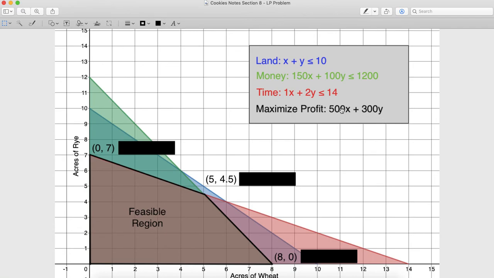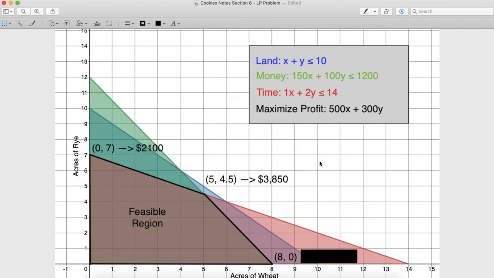So if I put in the point (0, 7), I put in 0 for x and 7 for y, I find out that that combination of wheat and rye gives Jim a profit of $2,100. Then if I move along to the next combination, if I put in 5 for x and 4.5 for y, and I calculate that profit, I find that my profit there is $3,850.